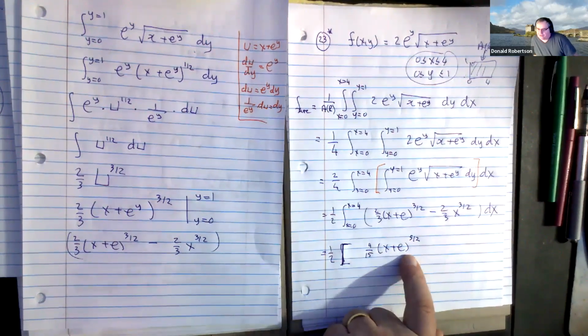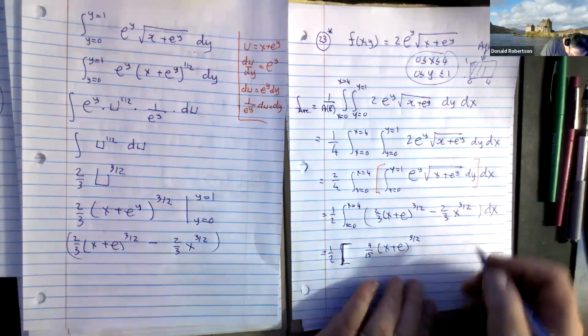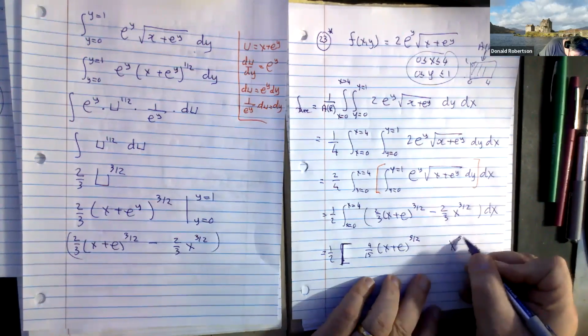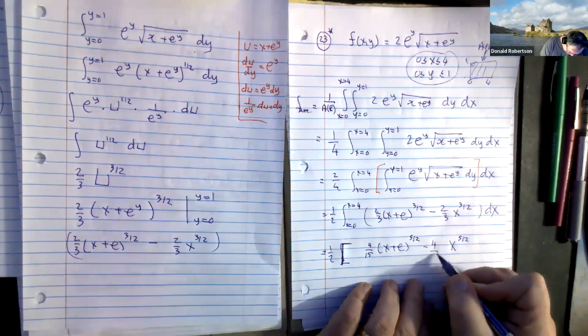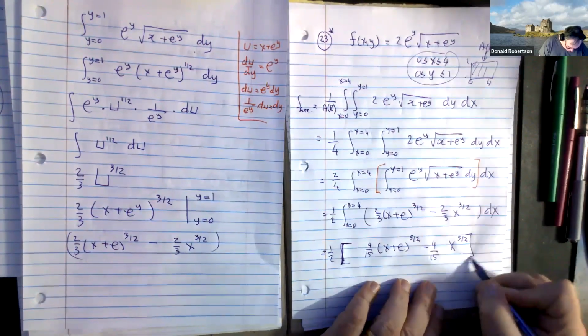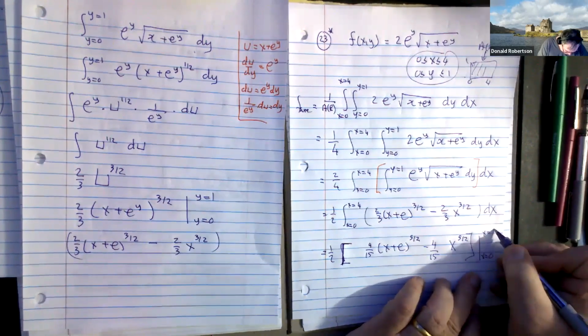Since this is x plus e, technically, don't you just multiply by 1? It's a bit like sine x plus 1, e to the x plus 1, right? You don't really get much. That's it. This guy, add 1 to the power, divide by the new power, and now we can evaluate it at 0 and at 4.